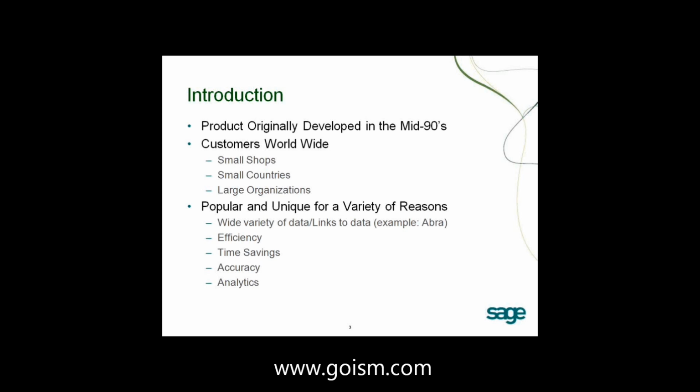And that's particularly relevant in terms of time savings and helping us get better data. And we'll talk a lot more about that as we talk about product features and such. So again, the product's very popular throughout the world for a variety of different reasons. Those are some of the main ones. And we'll address some of the other ones as we look at the application here.